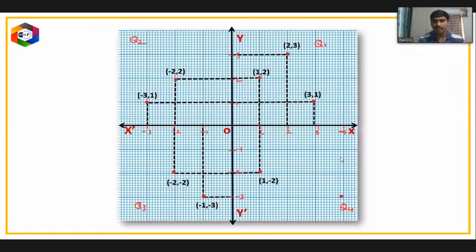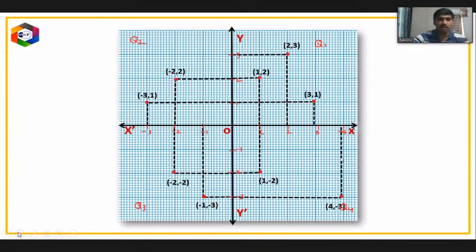It is negative 4 units from the y-axis and negative 3 units from the x-axis. So the point can be (-4, -3). In this way, we can plot points in the Cartesian plane. As we have discussed all these things previously, just for recollection, I have done it once again.